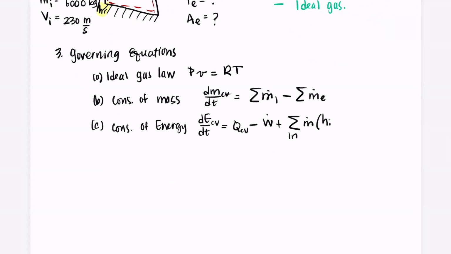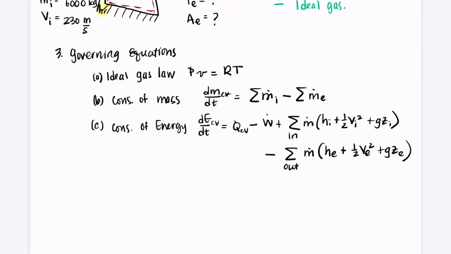So we have enthalpy plus 1/2 V_i squared, this is our kinetic energy, and our potential energy. And then we subtract off our outlet energy flows, which look the same, but they all have the exit subscript. All right, so we have enthalpy, kinetic energy, and potential energy. Okay, so let's simplify our equations.